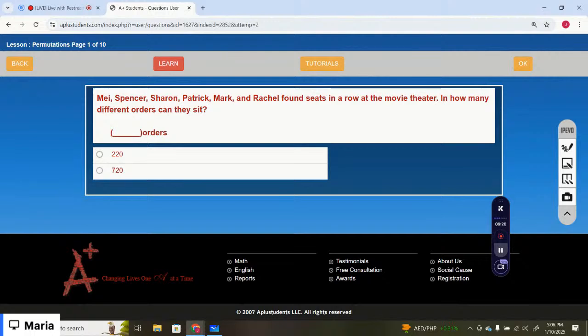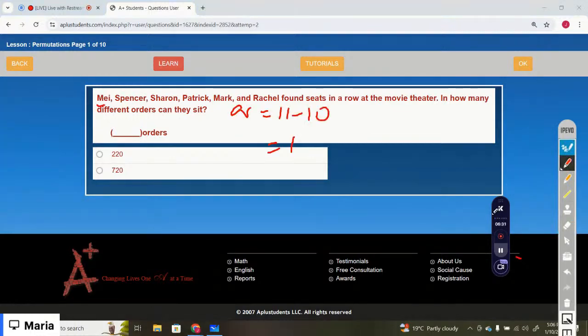May, Spencer, Sharon, Patrick, Mark, and Rachel found seats in a row at the movie theater. In how many different orders can they sit? So they are 1, 2, 3, 4, 5, 6. So that means they can sit in 6 factorial, right? So 6 factorial means you have to start with 6 and multiply all the numbers between 6 and 1.